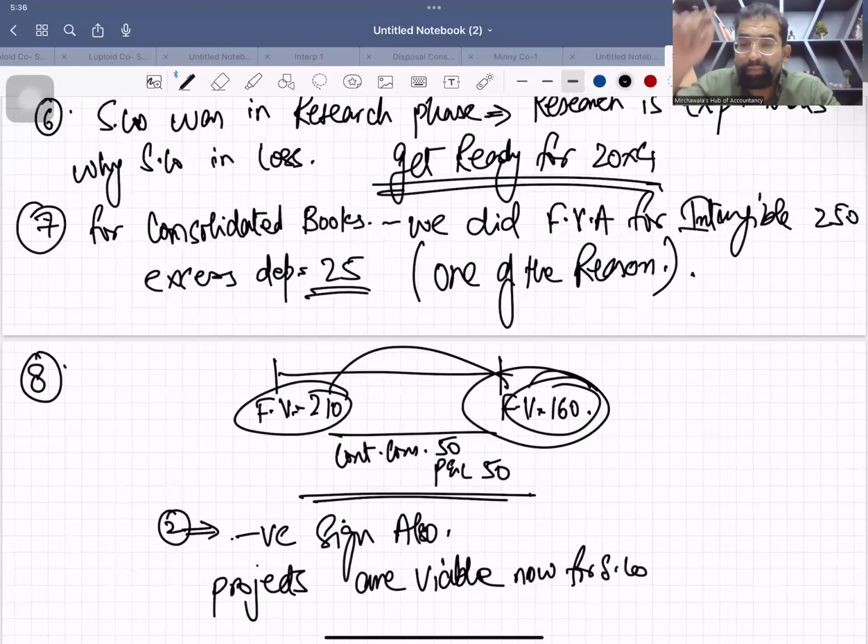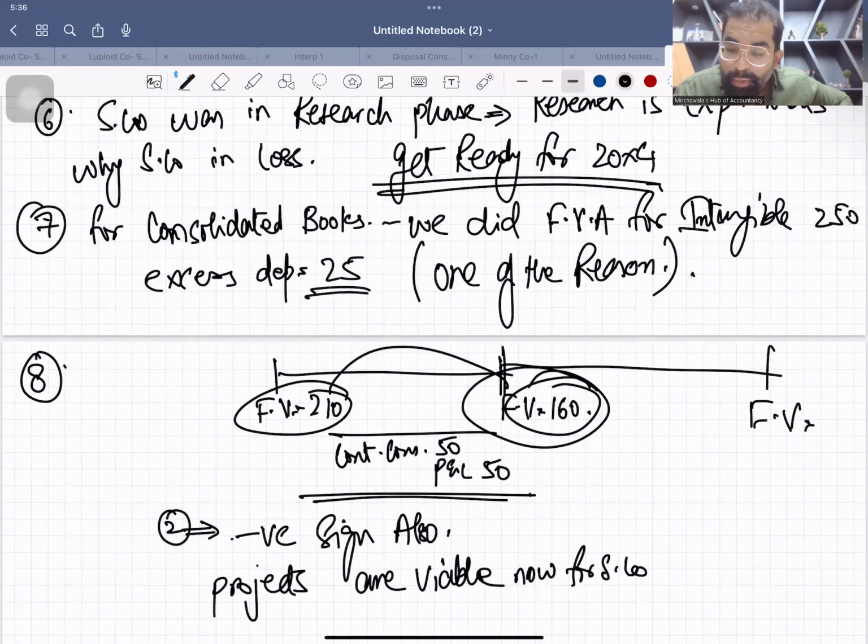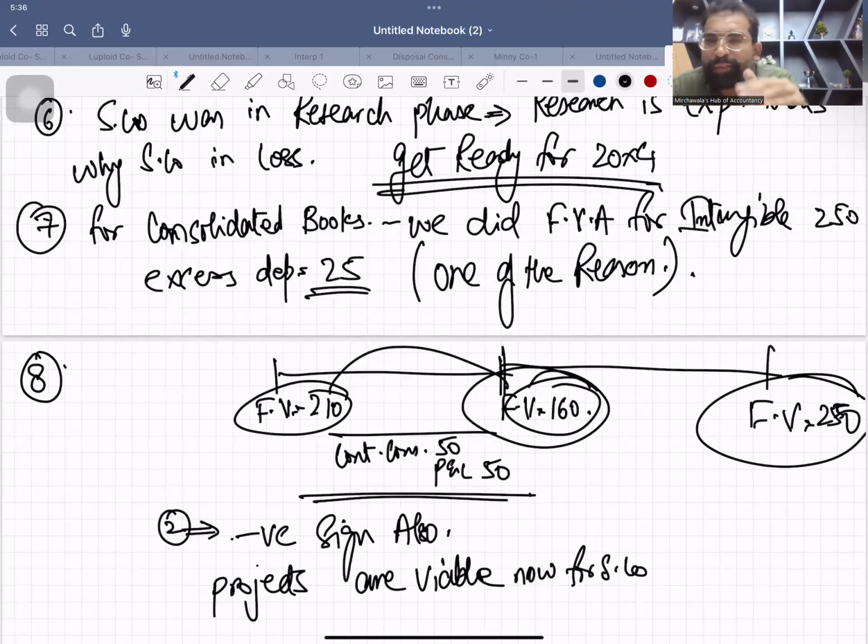So that means the future looks good. If the future of S company is bright, that means next year this fair value will go up. This fair value may go to 250 if the future of S company is good. That means next year you may expect an increase in the fair value, which is your expense. So more expense next year.